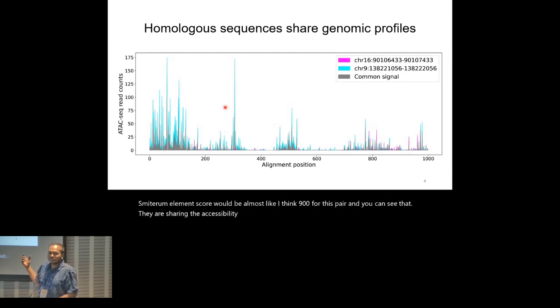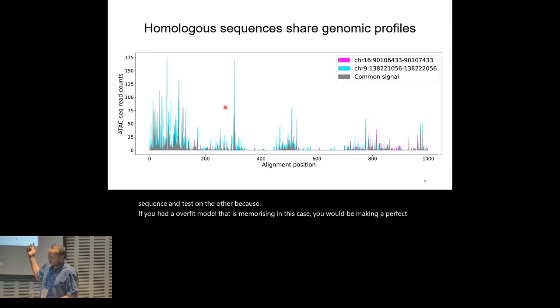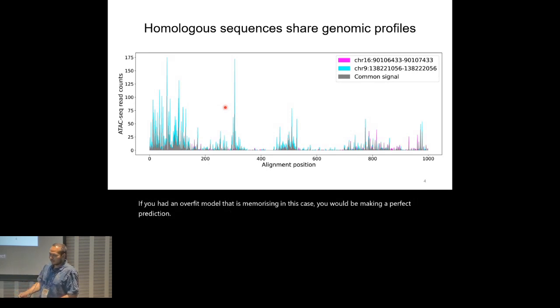What you don't want to do is train on one of the sequences and test on the other, because if you had an overfit model that is memorizing, you'd be making a perfect prediction, which couldn't be based on the underlying regulatory logic.